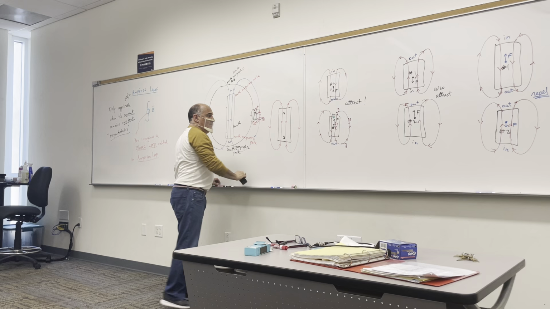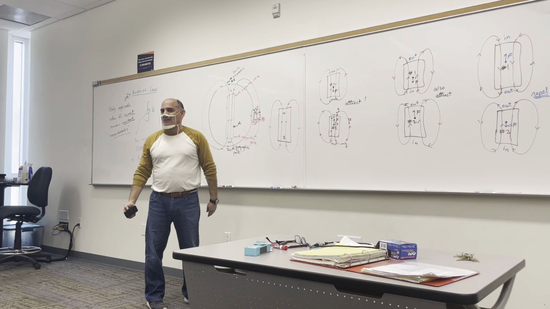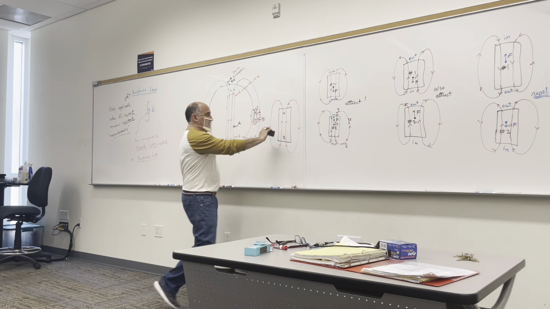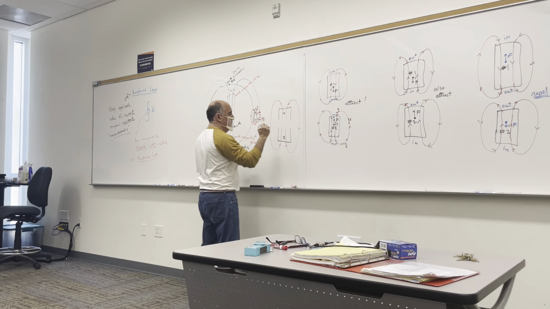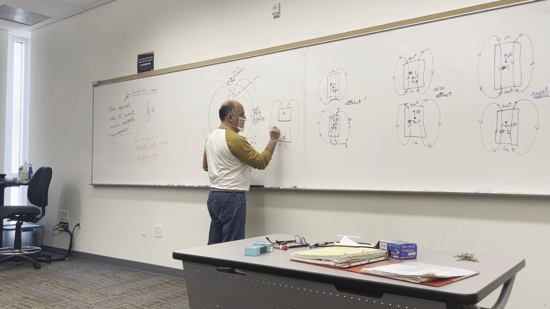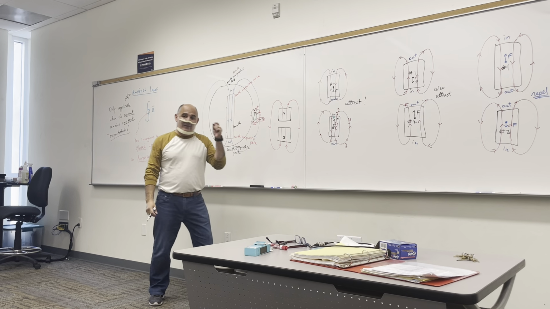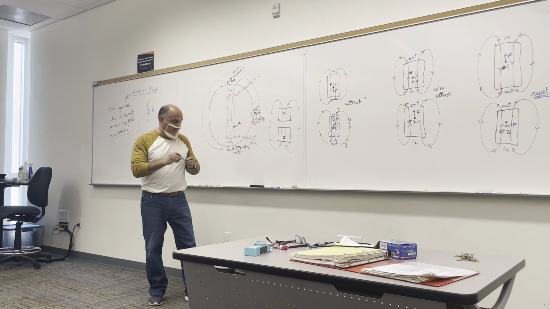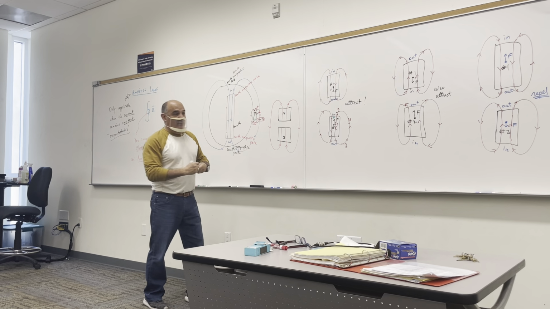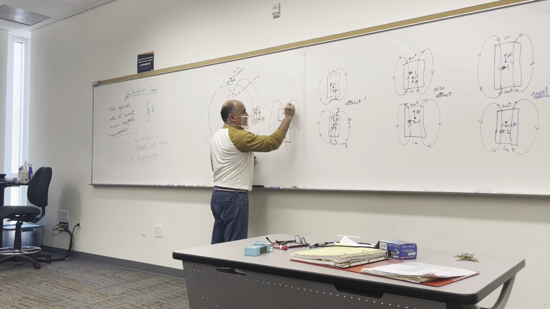Now, suppose I decide to break this magnet in half, and I go like this. I cut it. Do I just have a magnet with just a north magnetic pole and a magnet with just a south magnetic pole? The answer is no, because what's going to happen is that this line is going to come out like this, and then it's going to go like that.